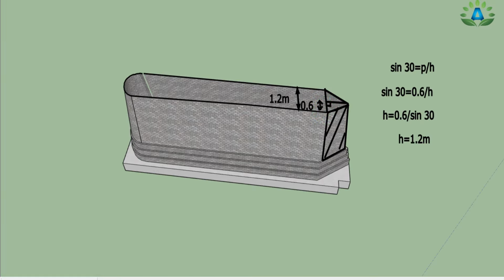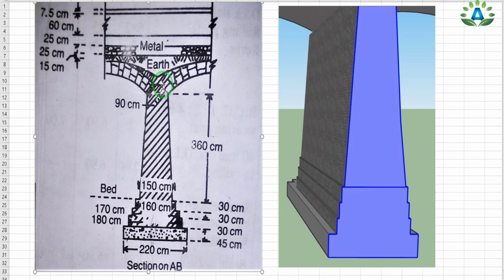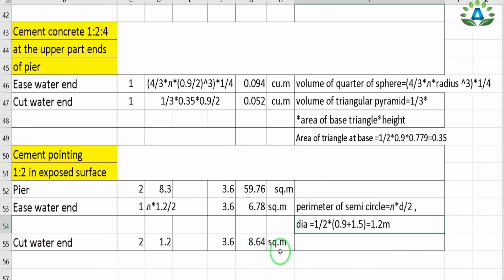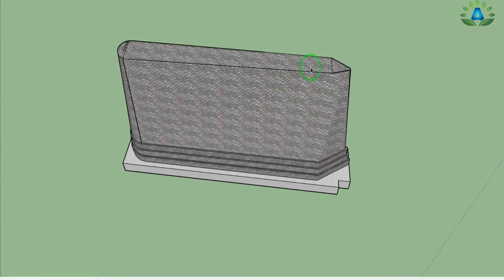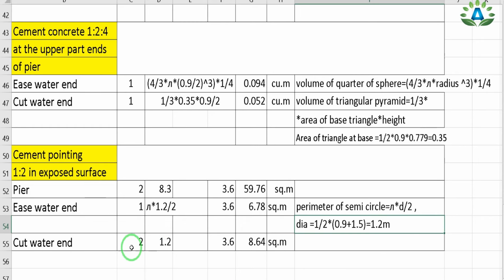So we can write that the pointing equals this inclined length 1.2, and the height is obviously 3.6 meter, because we have to do the pointing all over this height. So we get 8.64 meter square, and we have two cut water ends, one on this side and another on this side. In this way we get two cut water ends.